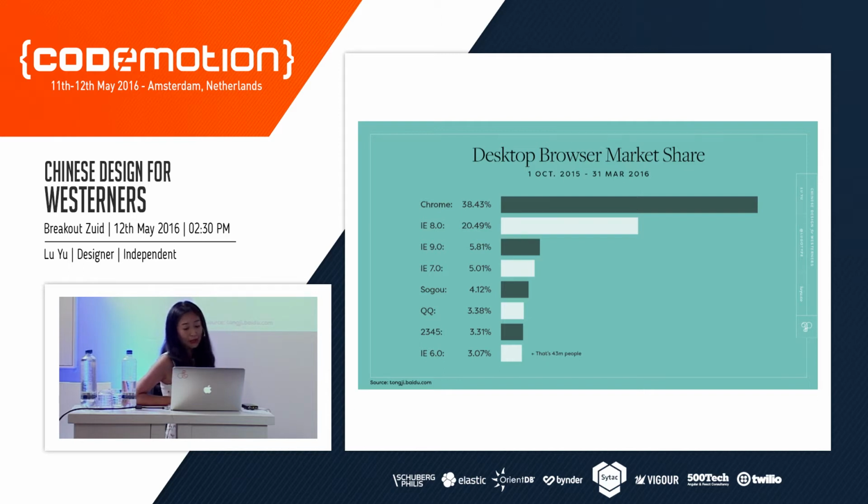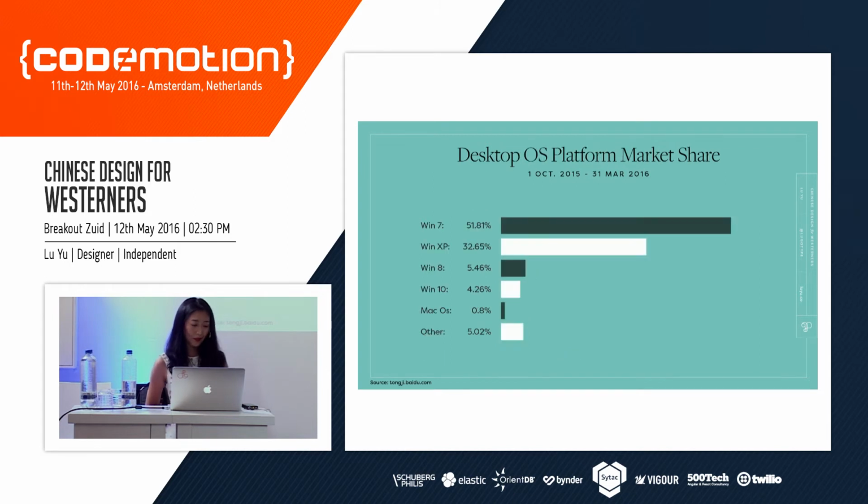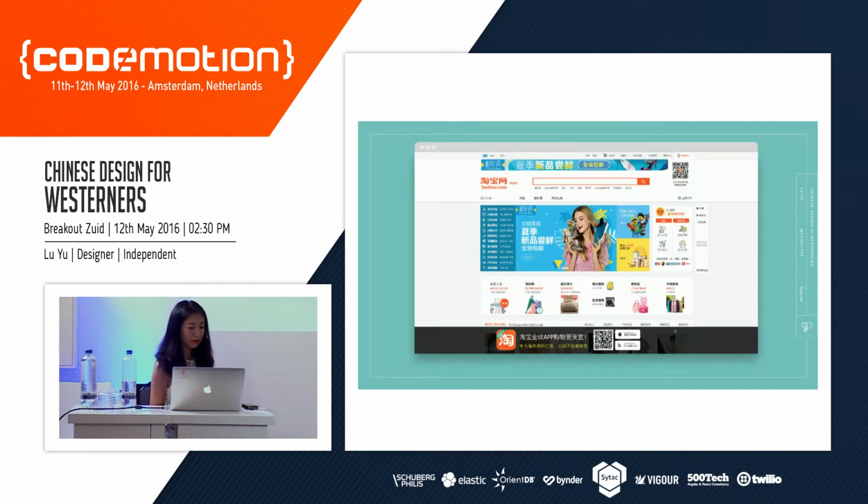But that also means 43 million people. As for your potential audiences, more than half of them are still using Windows 7, and a third of them are using Windows XP. Of course, this is the latest data from the past 6 months.